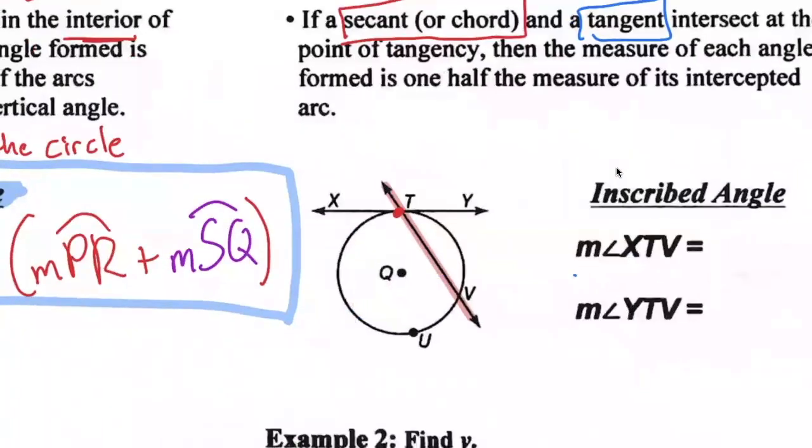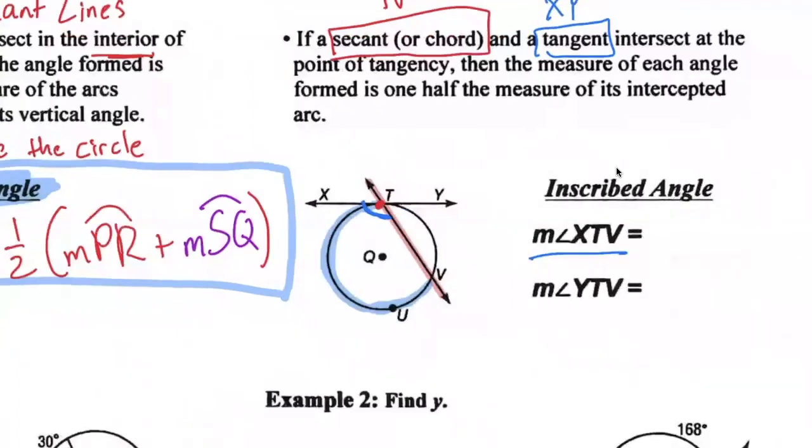Angle XTV, this angle right here. What arc does it intercept? It starts from here all the way to here. So it's still an inscribed angle, so the formula will still be 1/2 the measure of the intercepted arc.